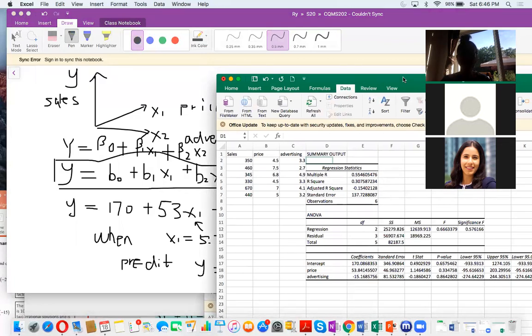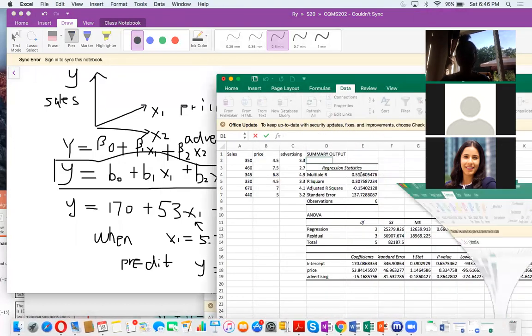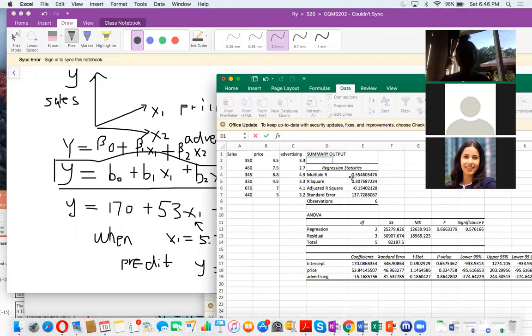Some terminology is similar to simple linear regression. For example, the multiple R, 0.55, means there is a moderate relationship between the dependent variable and the independent variables. Here we have two independent variables, price and advertising.